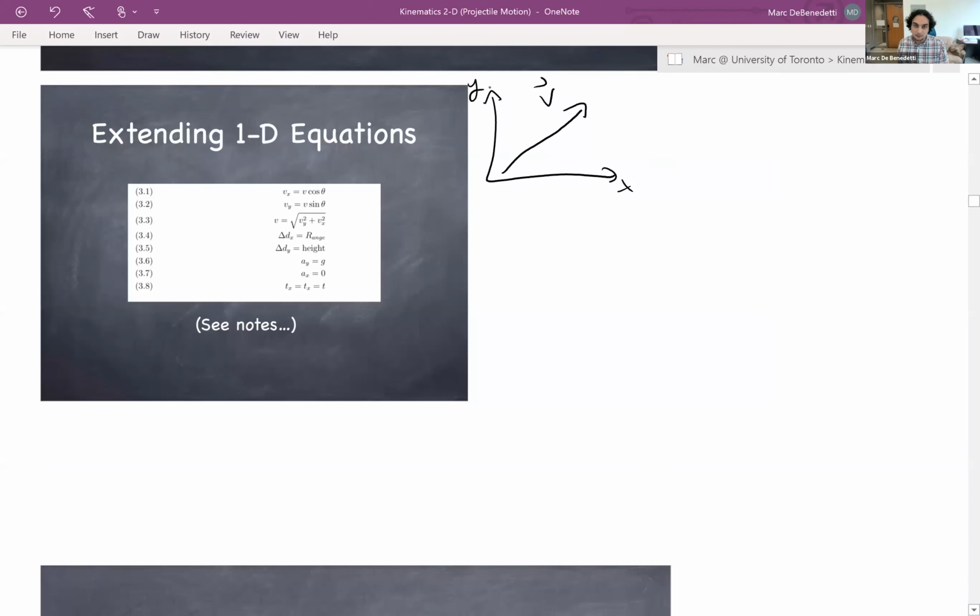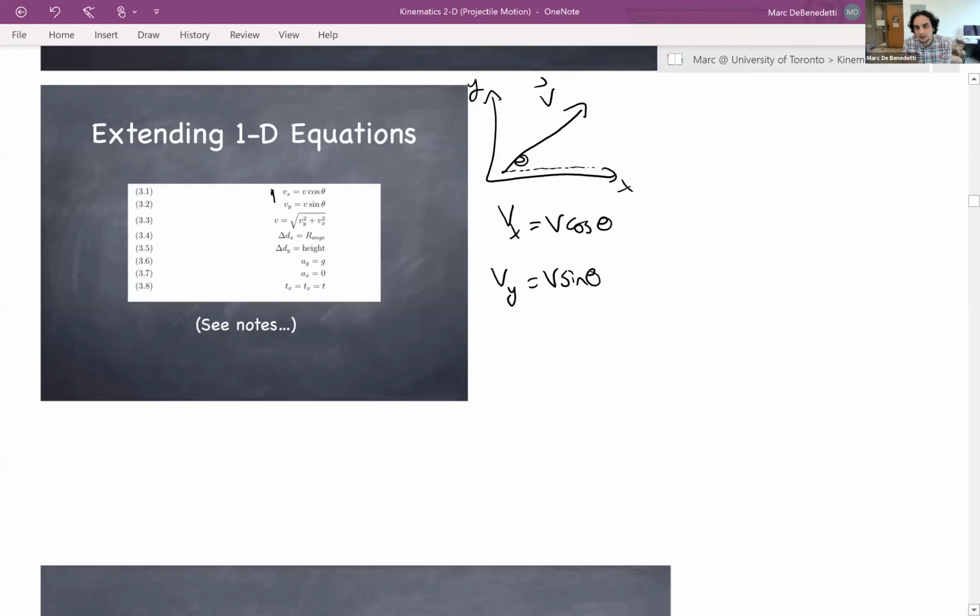I have to break down my components with a certain theta. How much of my velocity vector is in the x direction? My velocity in the x direction, the way I've drawn this, is v cos theta. And how much of my vector is in the y direction? It's v sine theta. So that's where the first two equations are coming in.